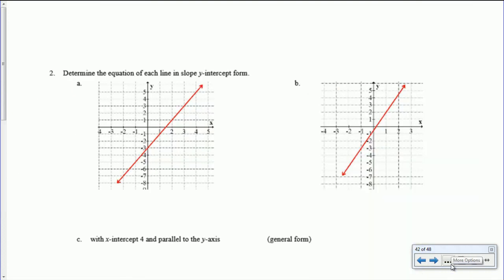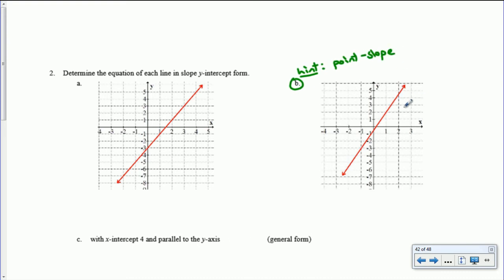I'll give you a little bit of a hint for the questions on the back here if you feel like you need a little bit of help. So for B, hint: start with the point slope form.